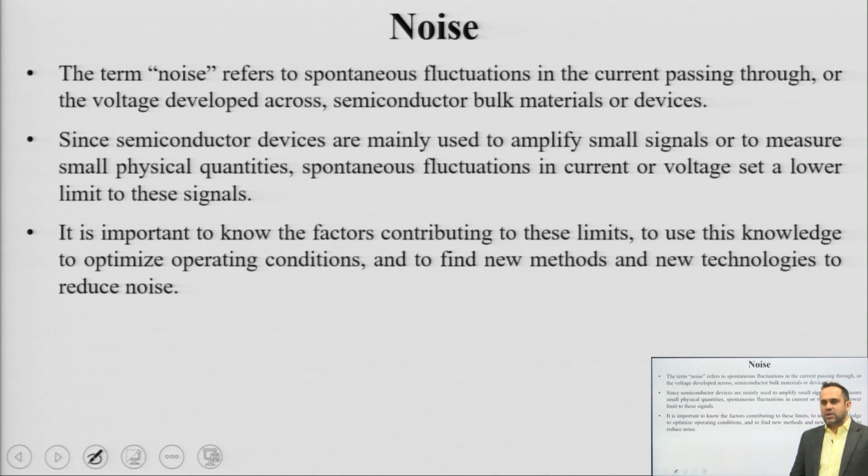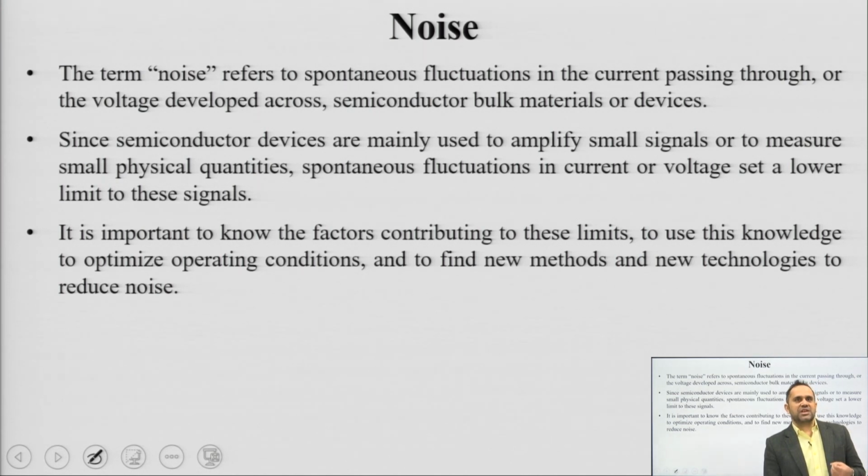Okay. Finally, the concept of noise. Well, as the name itself suggests, if it is noise it is undesirable. Okay. So, it refers to those spontaneous fluctuations in the current passing through, or the voltage developed across, semiconductor bulk materials or devices. Many semiconductor devices are used as amplifiers to amplify small signals or to measure small physical quantities.